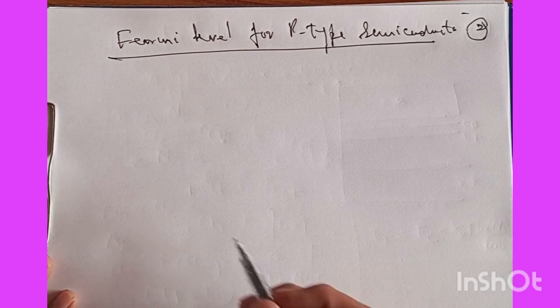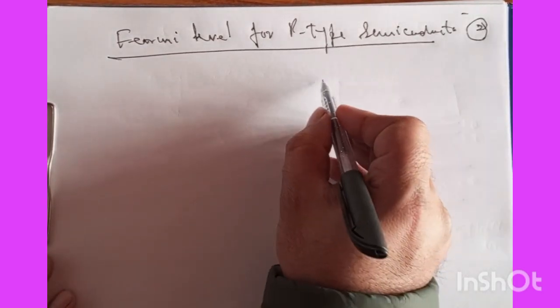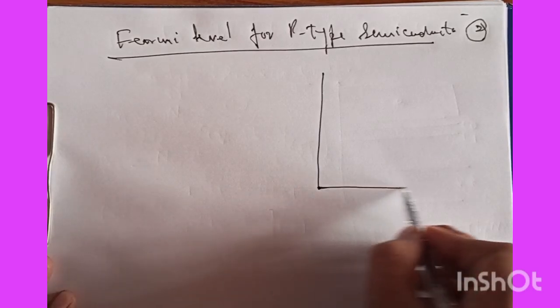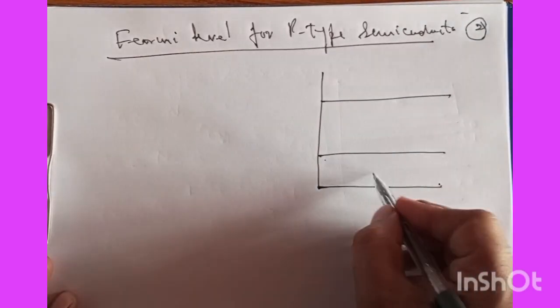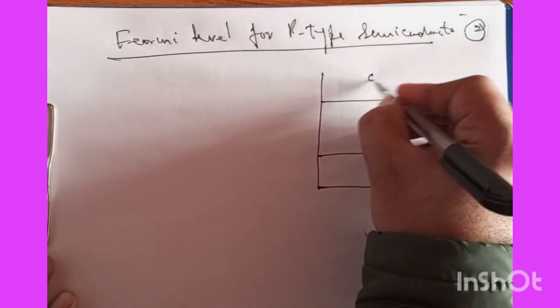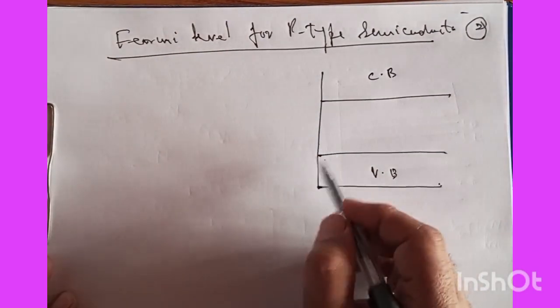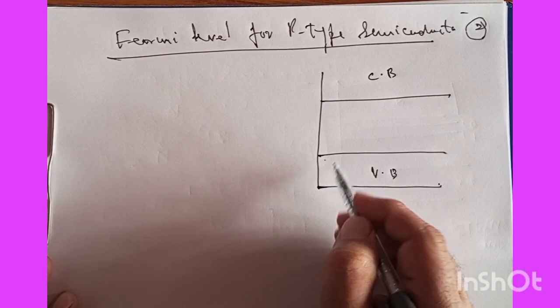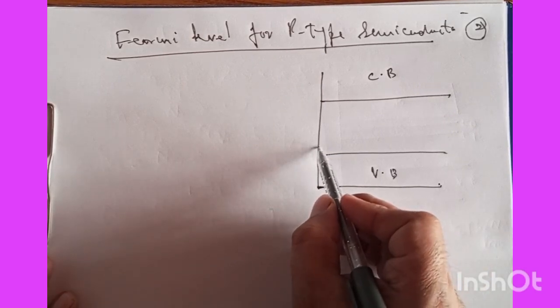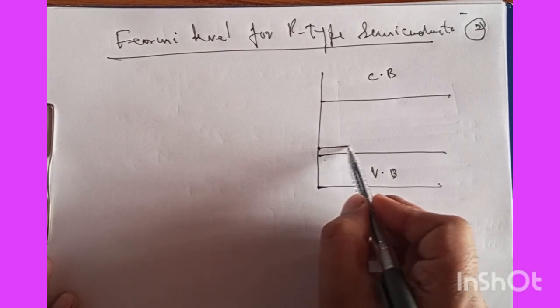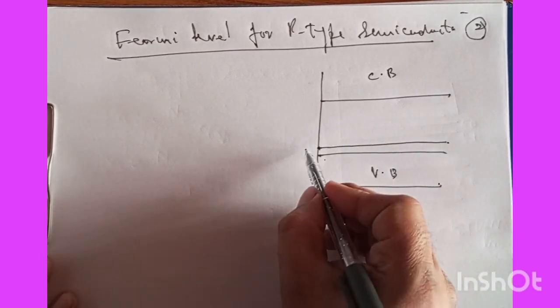And in this case, if I go with the energy band diagram, this is my valence band, this is my conduction band, and in this case we have the acceptor impurity, and that acceptor impurity is close to the valence band.